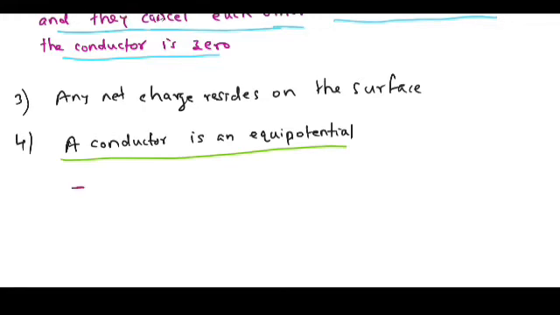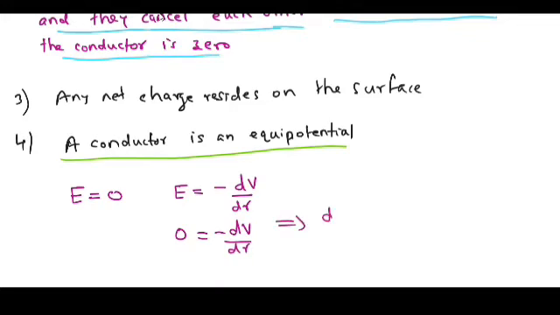From the second point, we have come to know that the electric field inside is zero. The relation connecting the electric field and electric potential is E is equal to minus dV by dr. And if E is equal to 0, then minus dV by dr is equal to 0, or we can write dV by dr is equal to 0, which means the derivative of something is 0, so that quantity, here V, is constant.